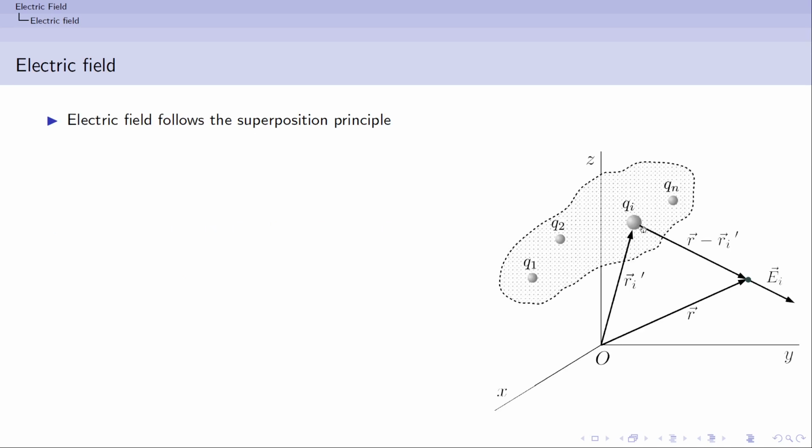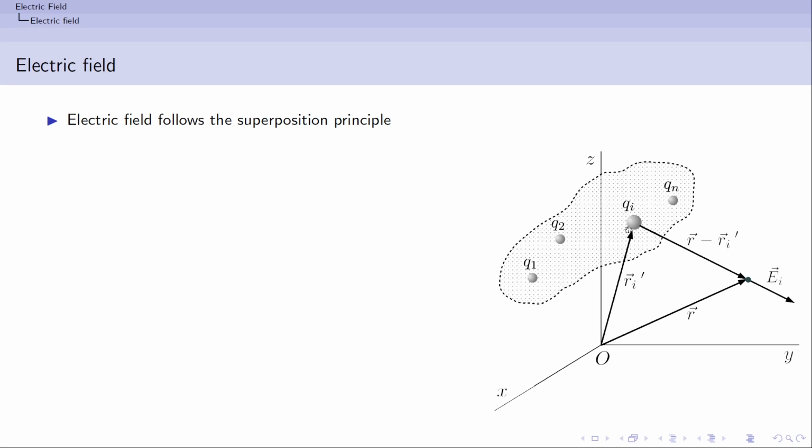Now let us say instead of one single point charge, I have a discrete collection of charges. So in that case, what will happen? Let's say I have charges q1, q2 and so on all the way till qn. Then we can use the superposition principle, because the electric field follows the superposition principle.